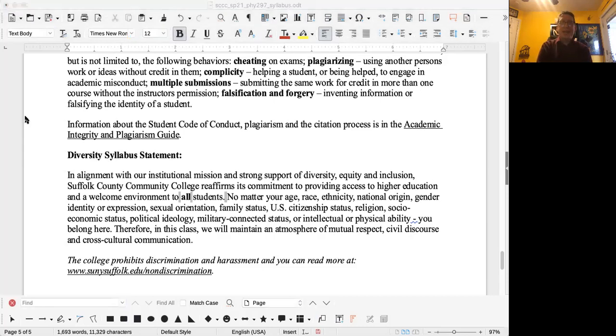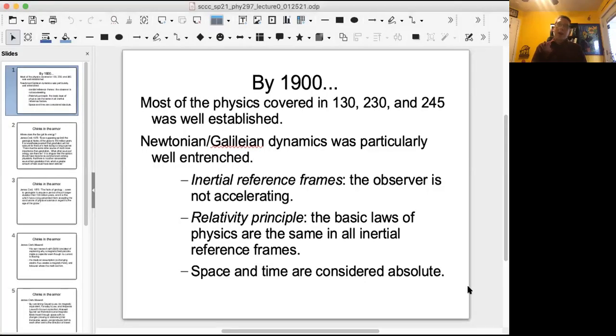Okay, so with that, I will give a brief backdrop leading into special relativity, which we will talk about on Wednesday. By 1900, pretty much everything you've learned in the first three physics classes was well established. Certainly, Newtonian physics was well entrenched.